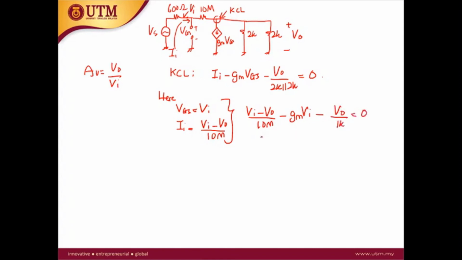So we insert the GM value, the GM value is 1.61 milli, so this is VI, V out, 1K equal to 0.